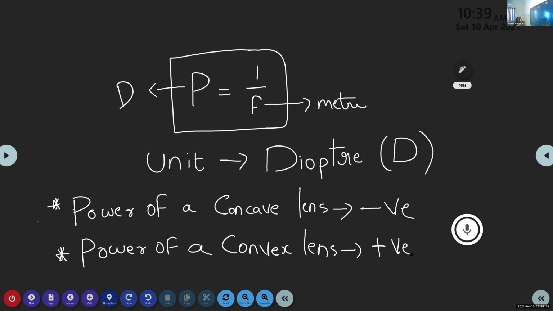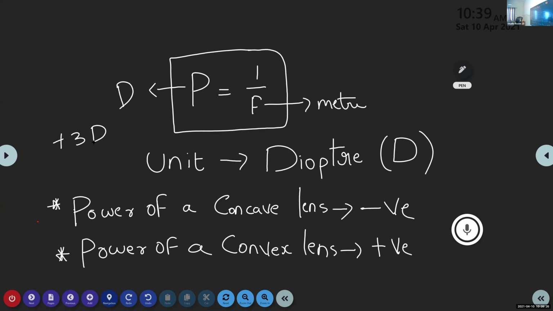Okay. Suppose you have some multiple choice question like this. If a doctor prescribed a patient to use a lens of +3 diopter, identify the nature of the lens. What type of lens did the doctor prescribe to the patient?